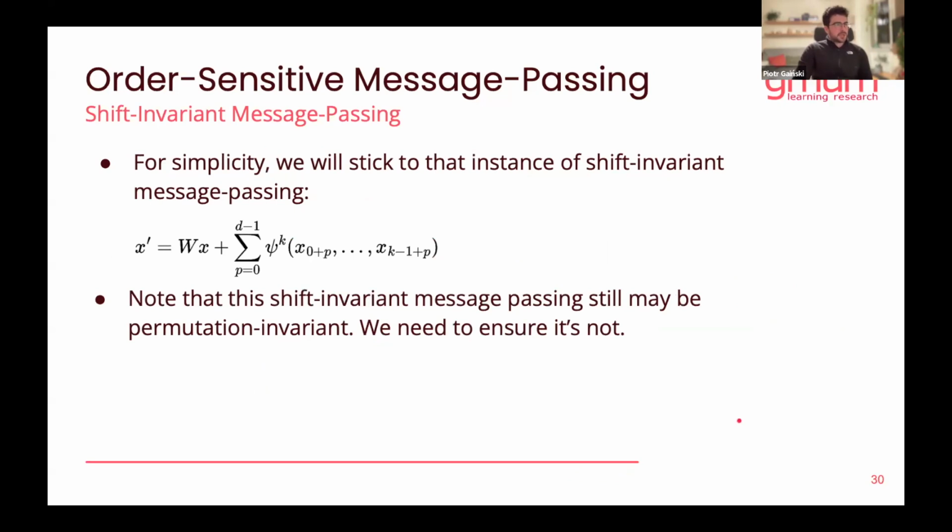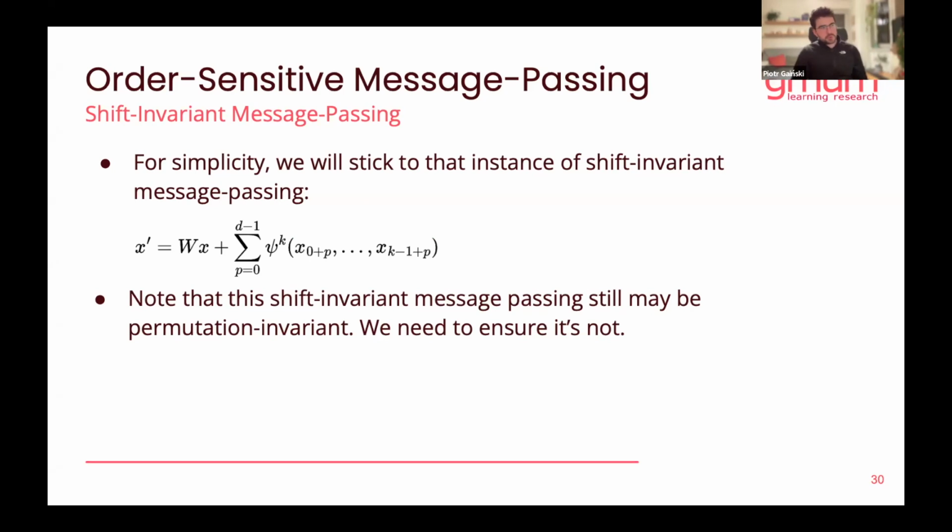That's true. And to make our life simpler, let's stick to some instance of that shift invariant message passing. We are using this instance along the paper, and this is basically what Hannes said: this message passing still can be permutation invariant, but it may also not be.